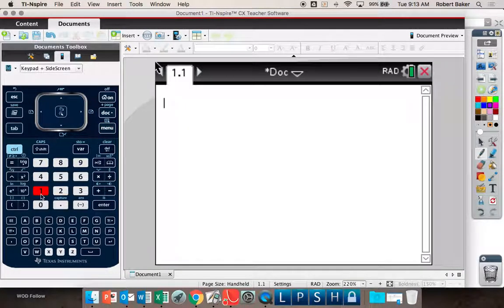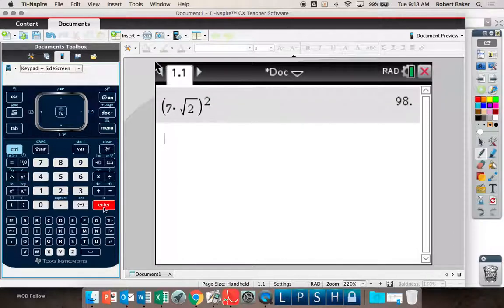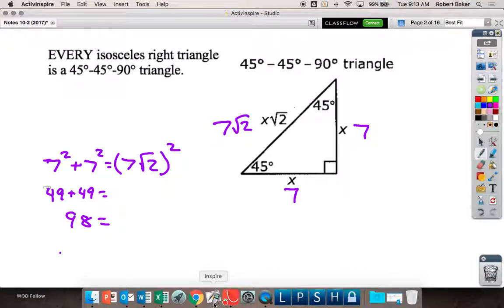On the calculator, we're going to check parentheses 7 square root of 2, close your parentheses, squared. Hey, 98. It does work. So it is a right triangle. So today I'm just going to give you a number and ask you to figure out the other two missing numbers.